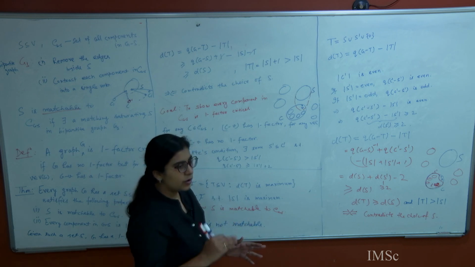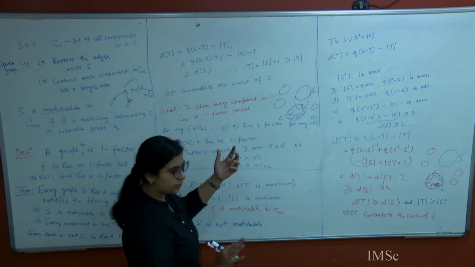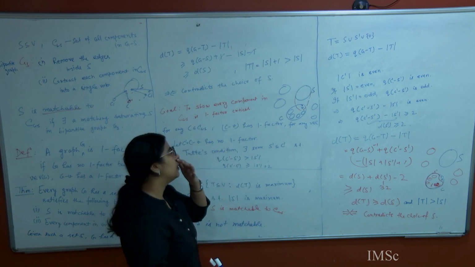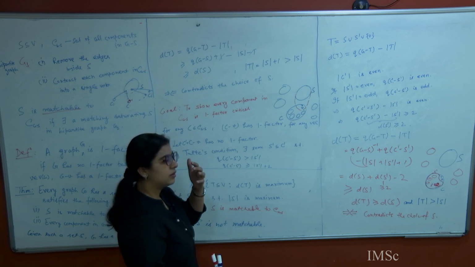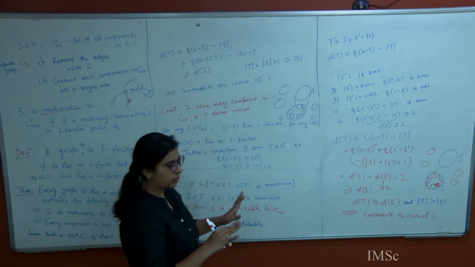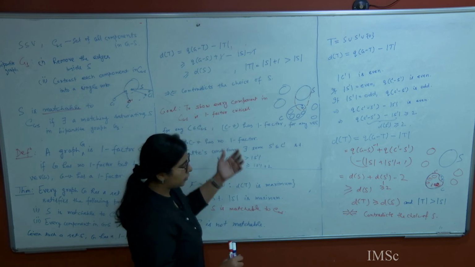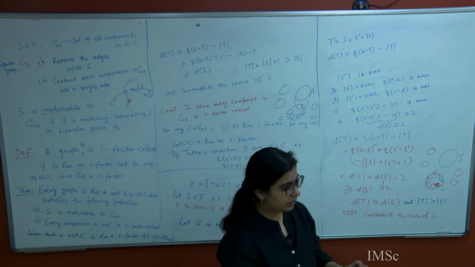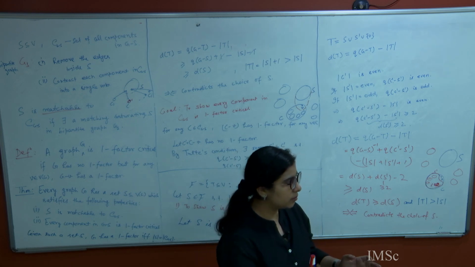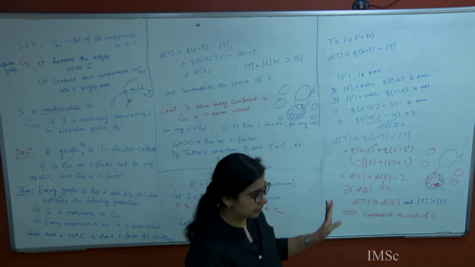Maybe you can use induction for another proof. We can check the years it was proved, so then we can understand that there might be some other proof for this before that. No, actually you can use induction. Even in the book induction is given, that you can take the induction on the cardinality of G. In the base case you can assume that the cardinality of G is 0, so it automatically holds.